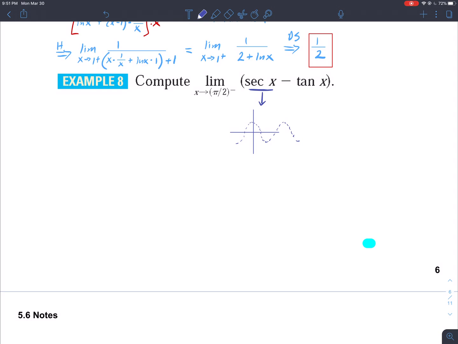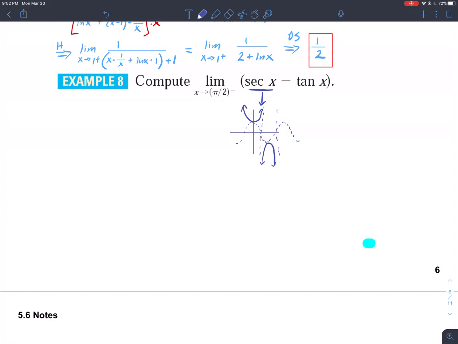If cosine's doing this sort of thing, secant is built off of it with these asymptotes. That's what the secant graph looks like, with these asymptotes throughout the whole thing. That's a really crude and ugly secant graph.